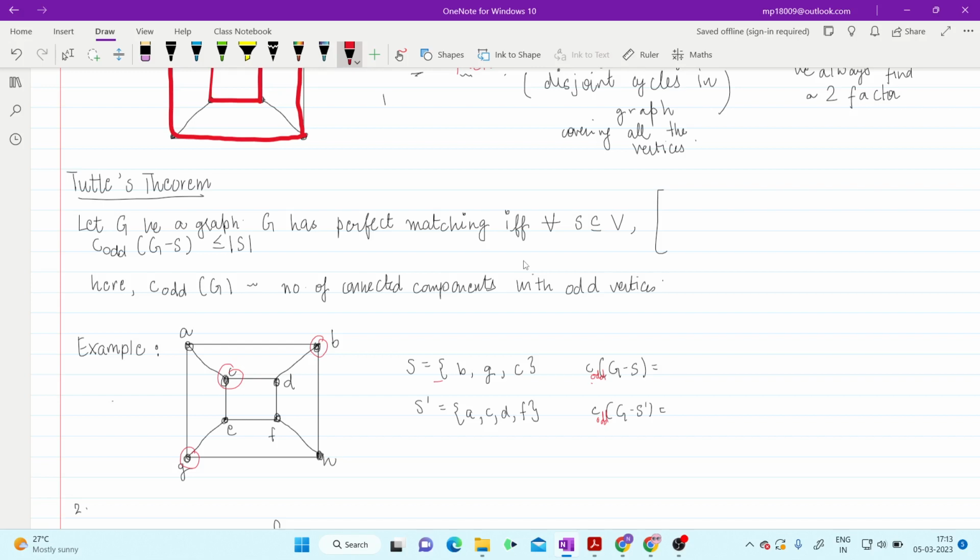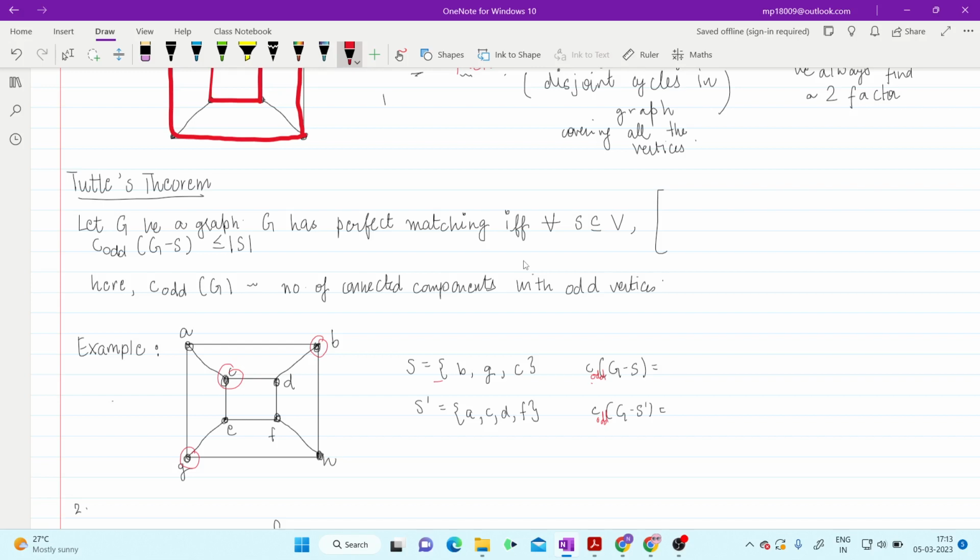So since this graph has a perfect matching, this Tutte's condition should be satisfied for any S.